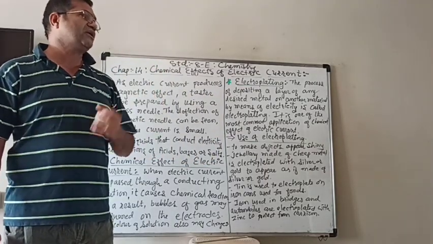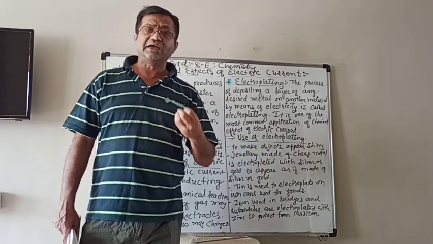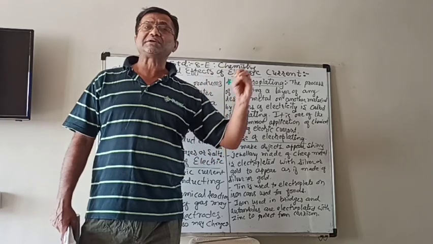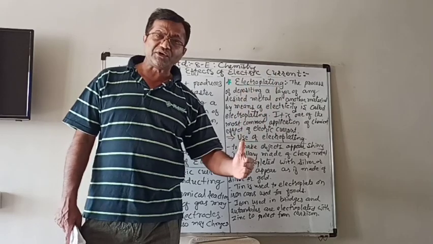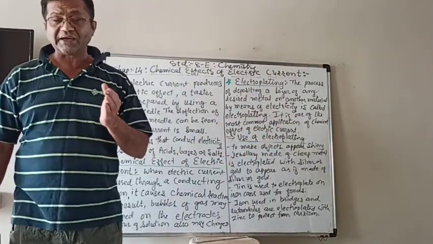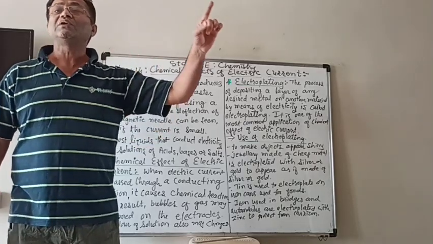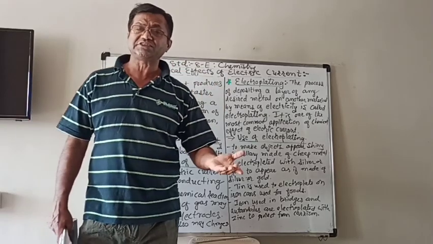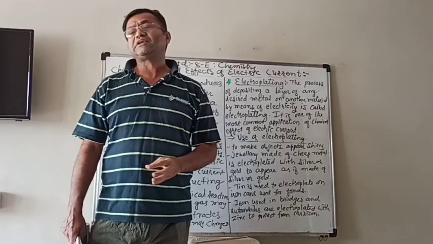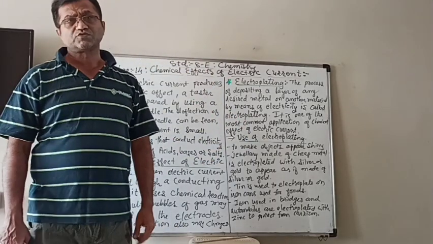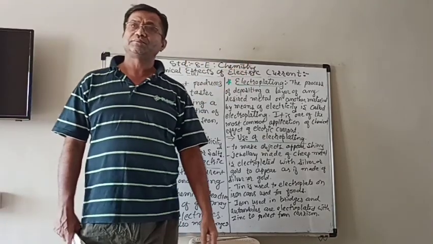Generally, when you pass electricity through a conducting solution, there will be a chemical reaction, and that is known as the chemical effect of electric current, because the chemical reaction takes place due to electricity. Only when you pass electricity through that solution does the chemical reaction take place.